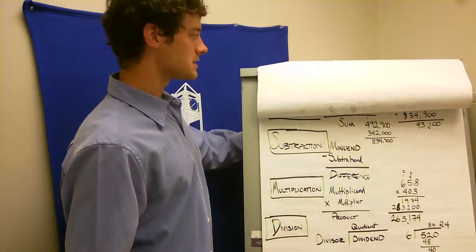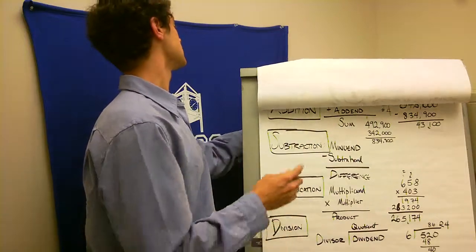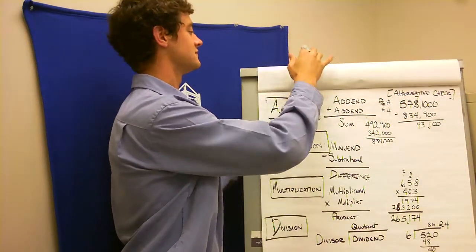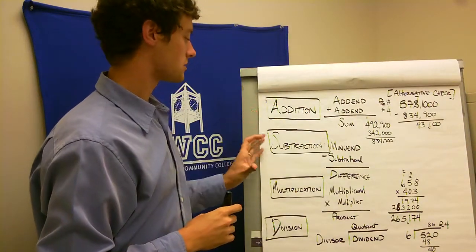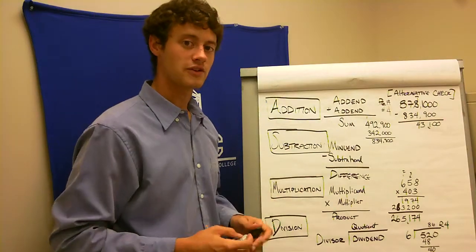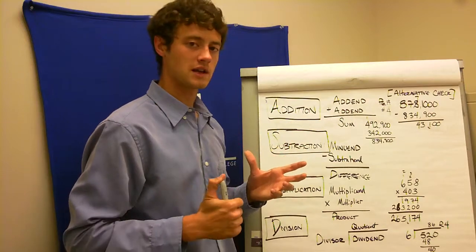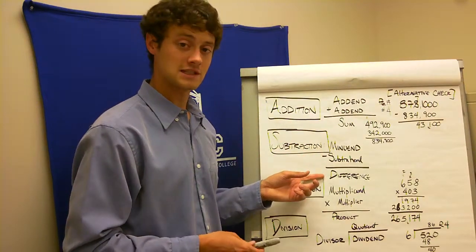Some of the main concepts that they talked about deal with the different areas. The basics of the math, which is your addition, subtraction, multiplication, and division. So when you add two numbers together, you get the sum. When you have a number and you take away the other number, so a minuend minus a subtrahend, you have the difference.